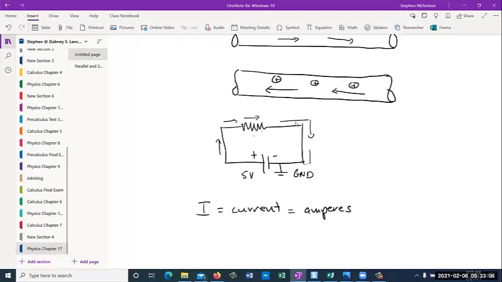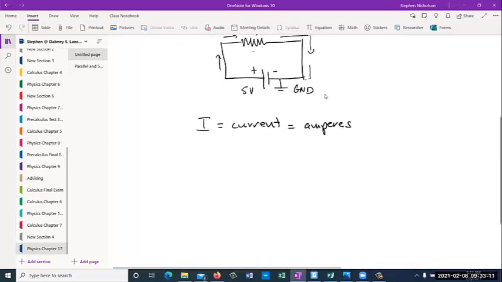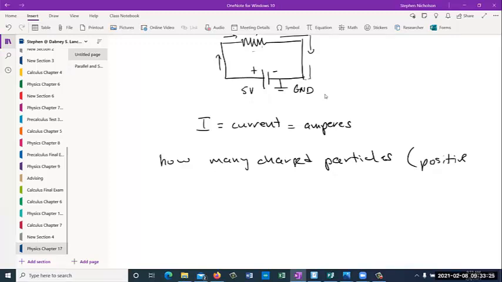What we're looking at here is how many charged particles, again positive charge, cross a cut into the wire. We'll just think of it as a wire.